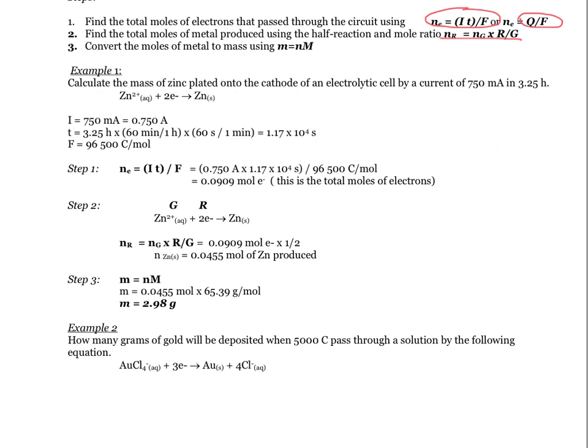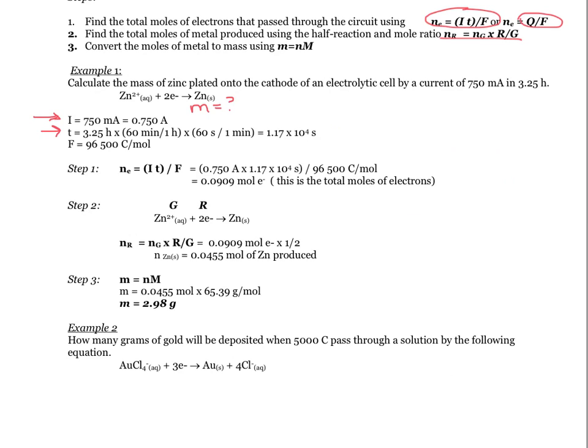For example, calculate the mass of zinc plated onto the cathode, so we're looking for this mass right here, of an electrolytic cell by a current, or I, of 750 milliamps in a time of 3.25 hours. Therefore, the information that we know: the current, 750 milliamps, which is converted to amps by dividing by 1,000.